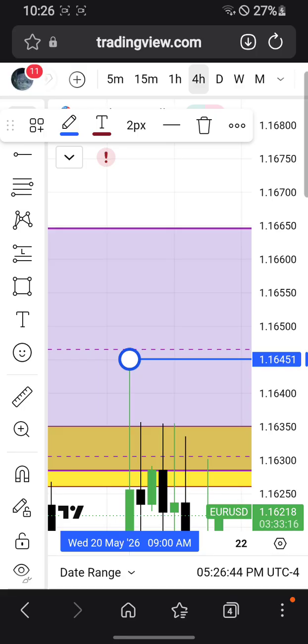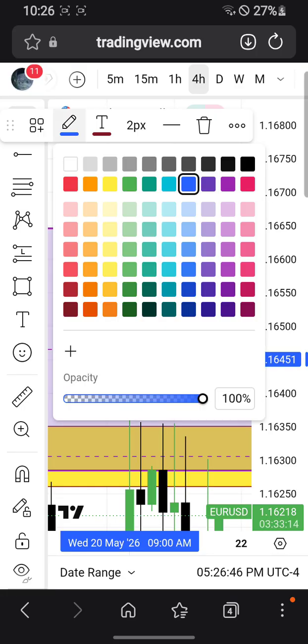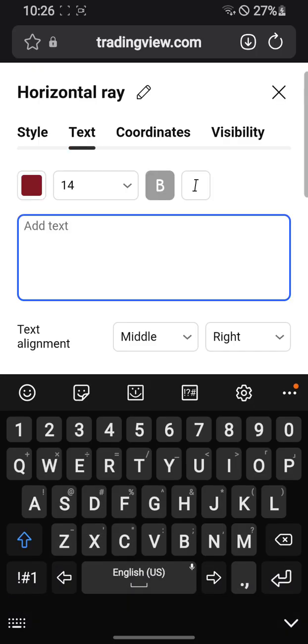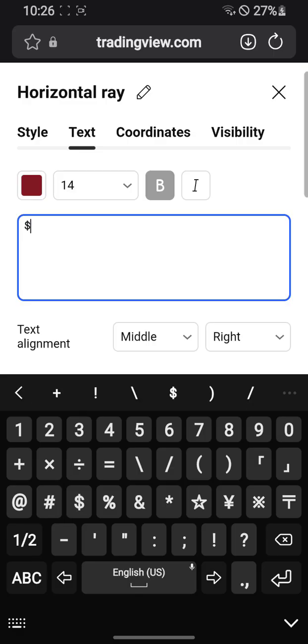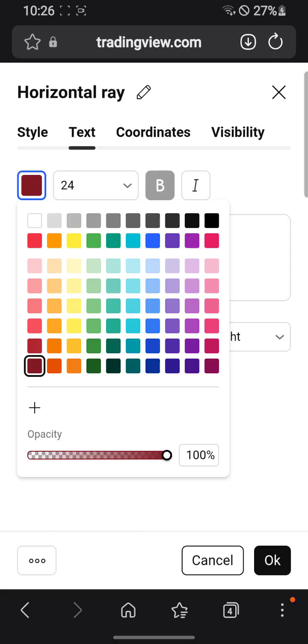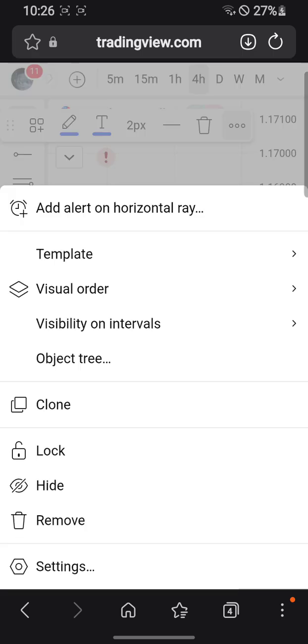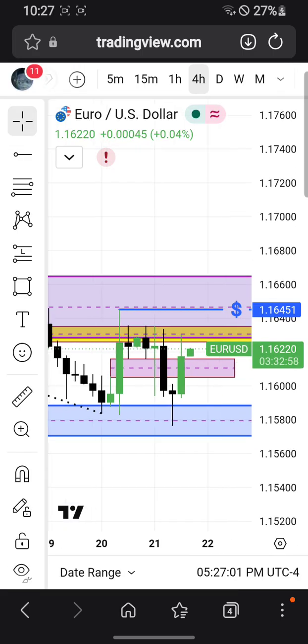Let me mark it and put a dollar sign. It is liquidity. Okay, that was my target this morning when I took that trade.